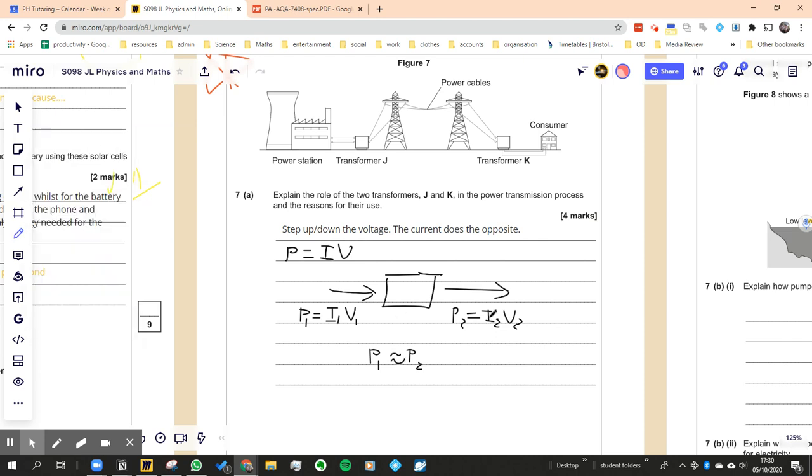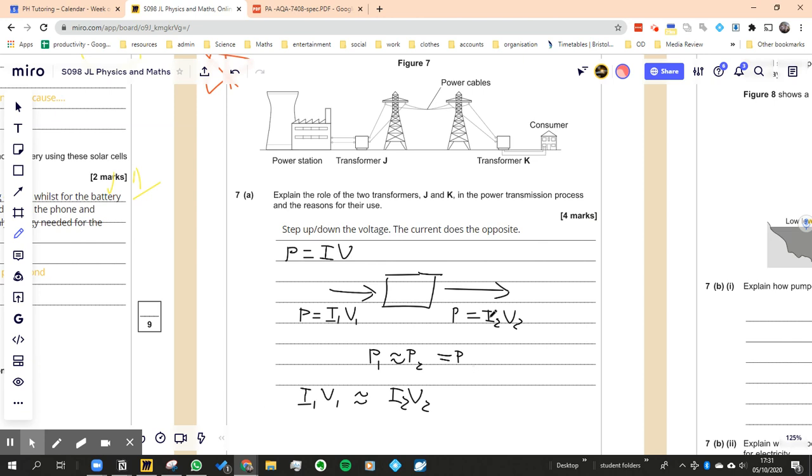So we can just call that P, with no need for the subscript anymore. Then I1 times V1 is roughly equal to I2 multiplied by V2.